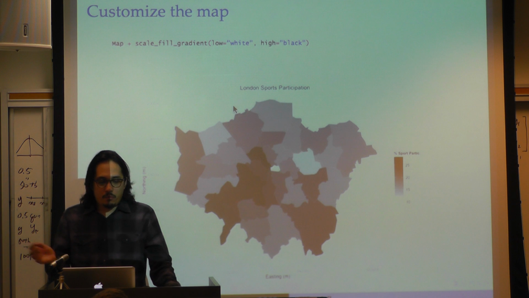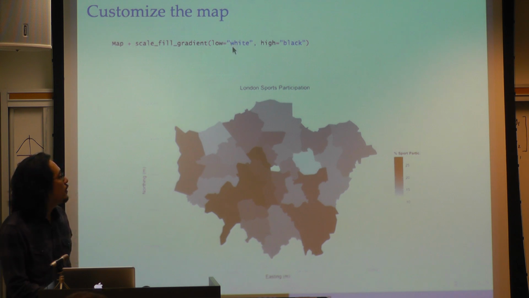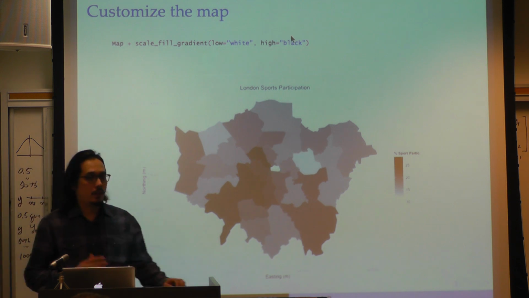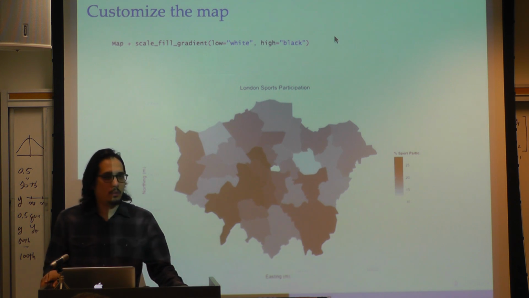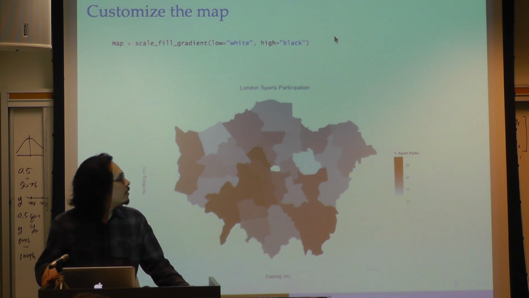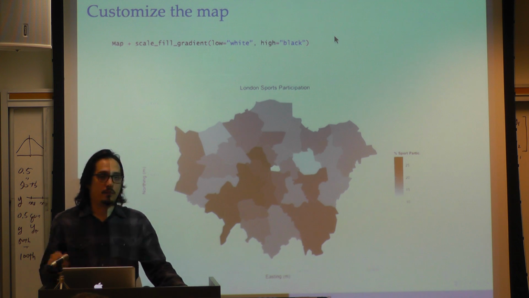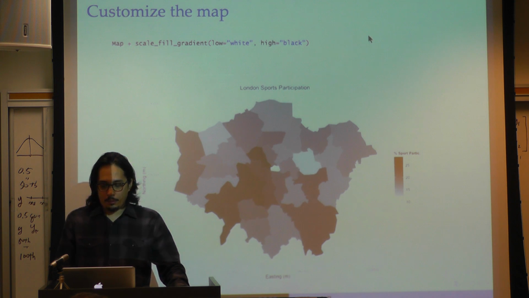If you want to customize this, for example, you can use this scale fill gradient option to indicate to ggplot that you want the lower values to be plotted in a scale that ranges from white to black, black being the higher values. Those are a bit more complicated, and I just started playing around with them. I've seen very, very good maps using ggplot, and potentially it's something useful.